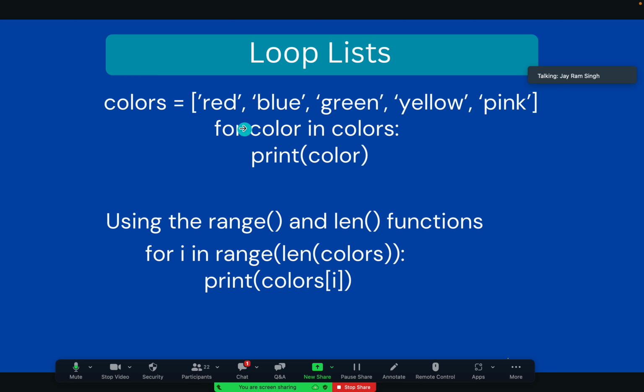Length will return 5, right? So this loop will run from 0, 1, 2, 3, 4. And it will use the index and print each element. Correct? Yes.